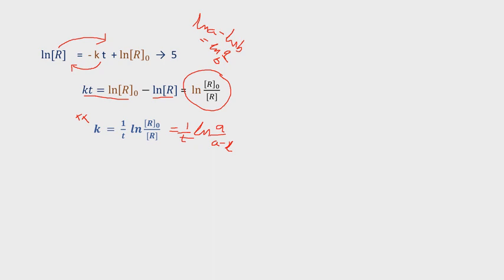So k equal to 1 by t ln r naught by r equal to 1 by t ln a by a minus x. Please, you have to learn it by heart. There is no alternative. It is a very important formula in first order reaction. Most of the numericals should be solved by using this formula.